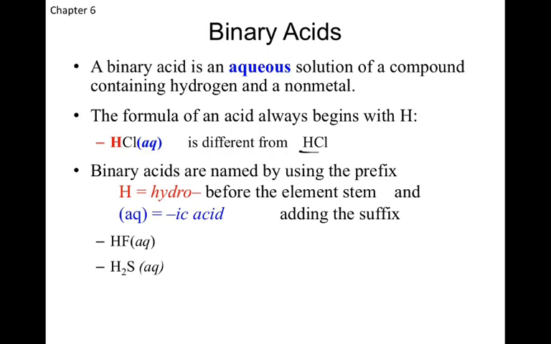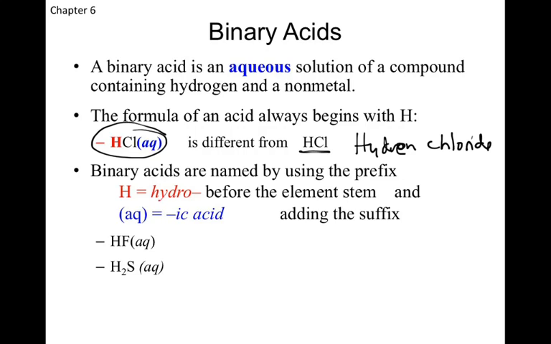What is HCl known as? HCl is hydrogen, with an E, chloride. Whereas this compound is known as hydrochloric acid. Different things. Okay?